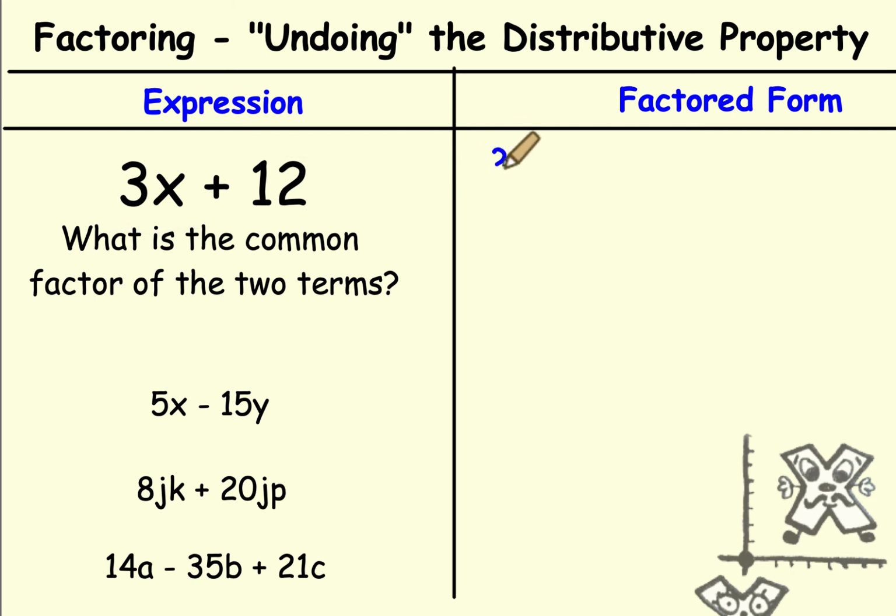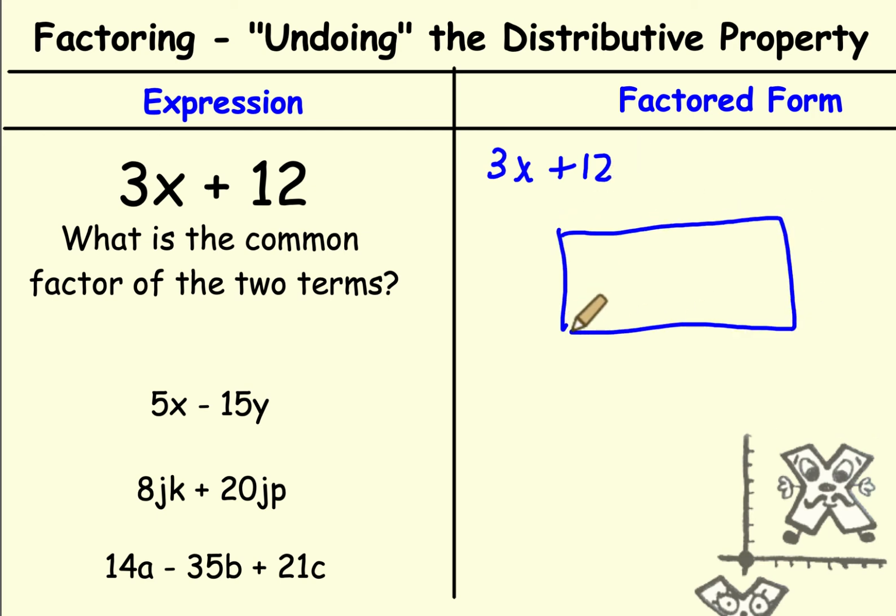So 3x plus 12. Okay, if I wanted to use a box, I would think about 3x plus 12, and I want to take out a 3. So I would think, okay, if I have 3x and I divide it by that 3, what would I get? I would get x.